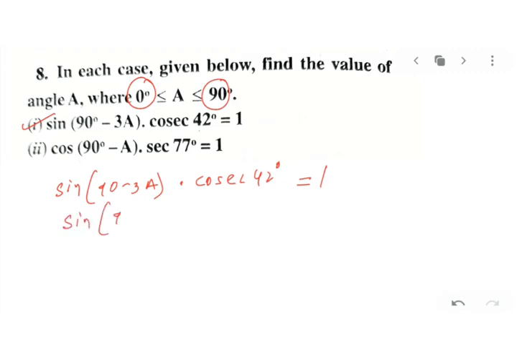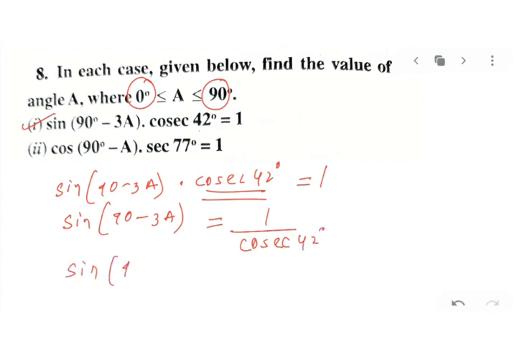Can I just take this cosec 42 here in multiplication, here it will go in division? Am I correct with this? So I got sin 90 minus 3a, which was as it is, and here instead of 1 upon cosec 42, can I write sin 42?